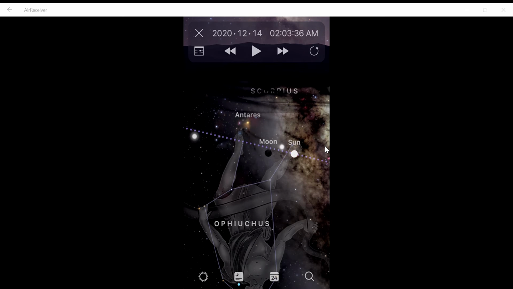But it's not that every time it crosses the ecliptic an eclipse occurs.